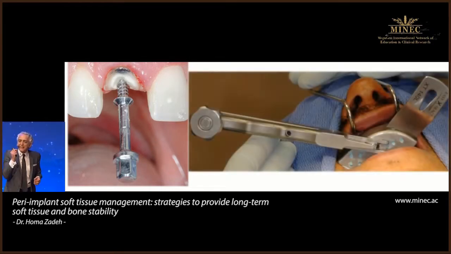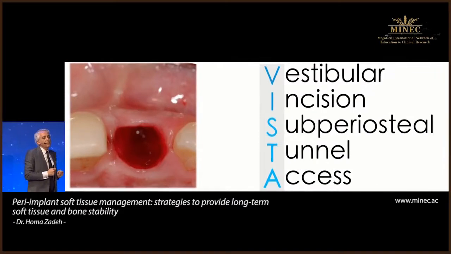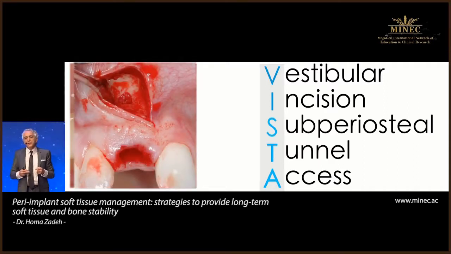So the first thing, having a very thin facial plate, we're gonna extract it with minimally invasive technique with whatever devices you want to use to avoid luxation. Then, in order to place the soft tissue graft and also monitor that facial plate to make sure we're away from it, we're using VISTA, vestibular incision, subperiosteal tunnel.